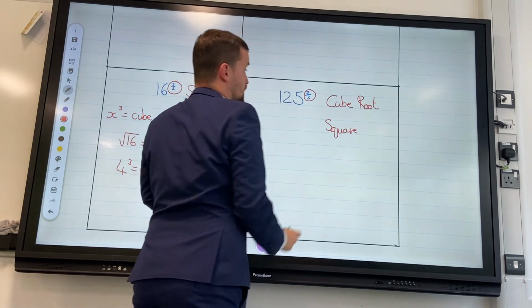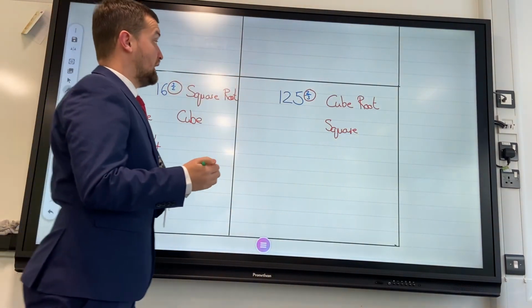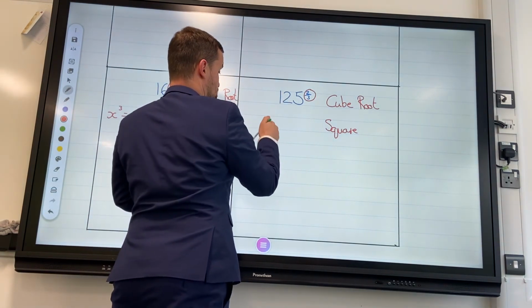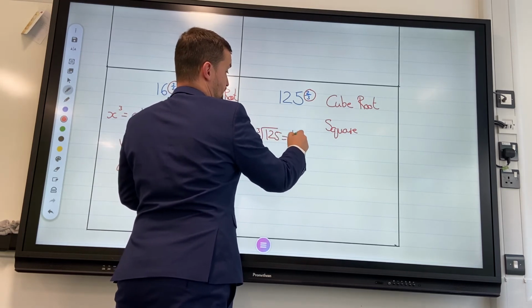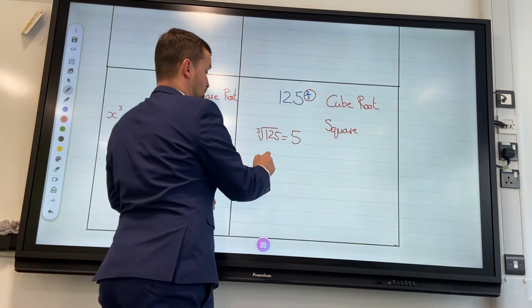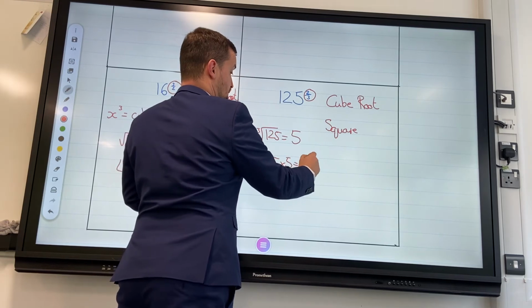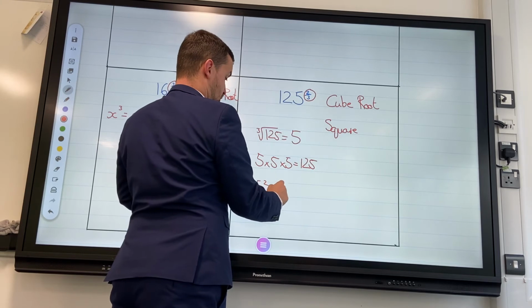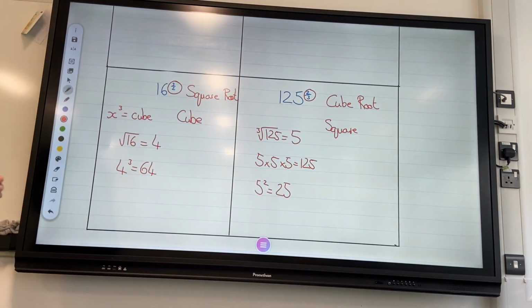For the cube root, we're looking for a number that you times by itself 3 times to get 125. The cube root of 125 is 5, because 5 times 5 is 25, 25 times 5 is 125. So we've got 5 squared now, which equals 25. So the answer to that would be 25.